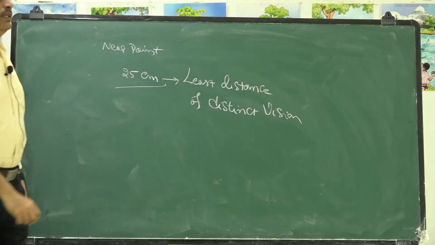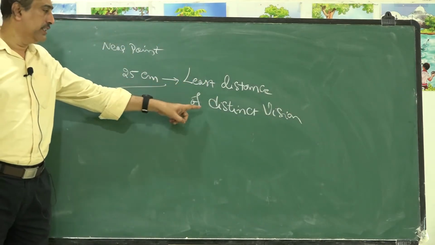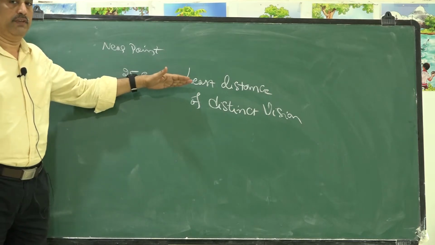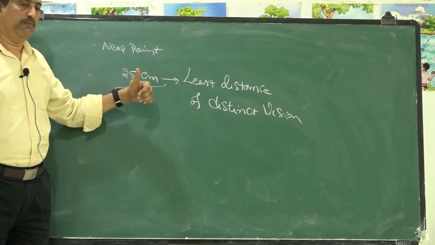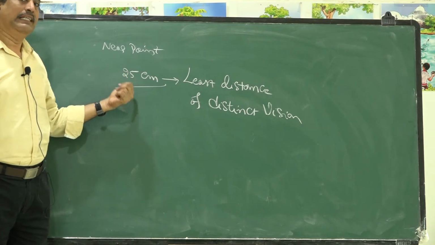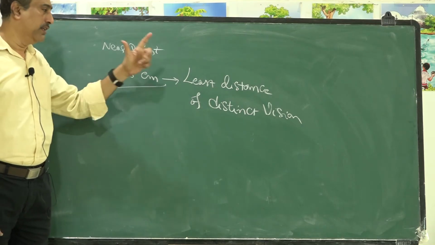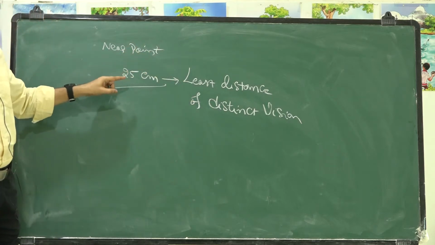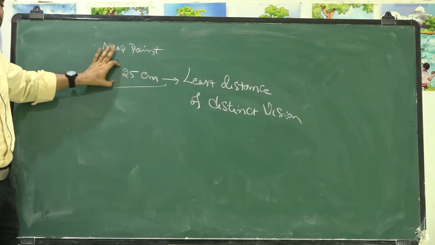The least distance of distinct vision means the minimum distance from our eye at which we can observe an object clearly and distinctly, and for a normal human eye it is about 25 centimeter.